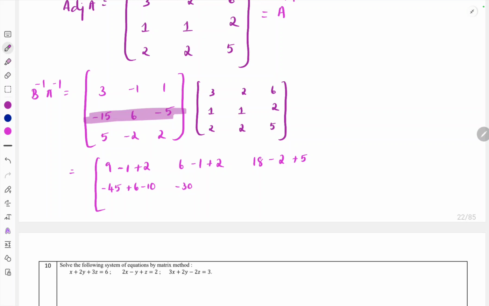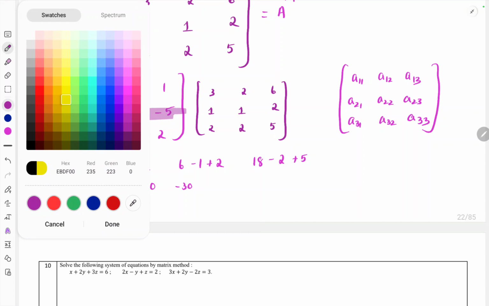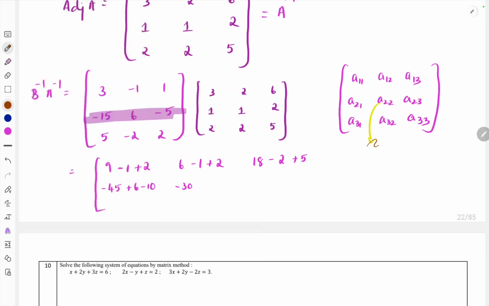Second row, second column. See here, this is the place A11, A12, A13, A21, A22, A23. So A31, A32, A33. So if we have to find A22, suppose, which means we have to take second row from first matrix and second column from second matrix.